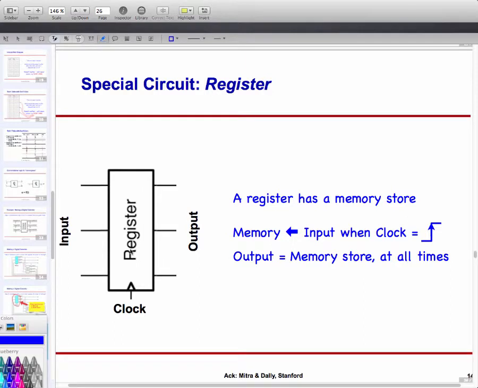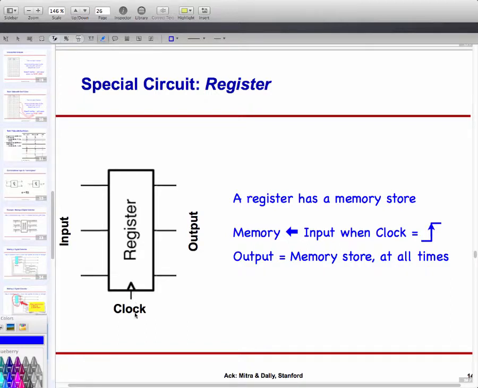So basically what a register does is, normally the output of the register just reflects whatever is stored in the register, and whatever is stored in the register remains unchanged except whenever a clock tick comes. When the clock tick comes, the current value of the input is put into the register, and then we wait for the next clock tick. Now, you might ask, what is this clock tick?